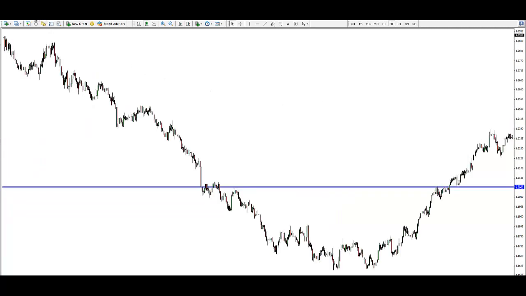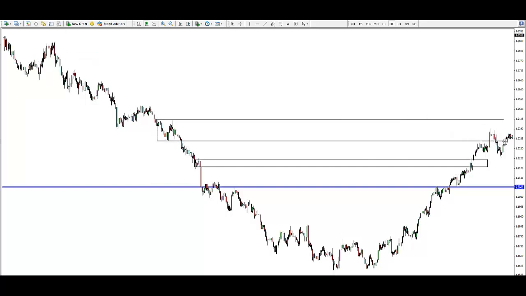And if I do zoom in, we can see on H4, we see a supply zone within here. If I mark that up, and then we've got the higher one up here.